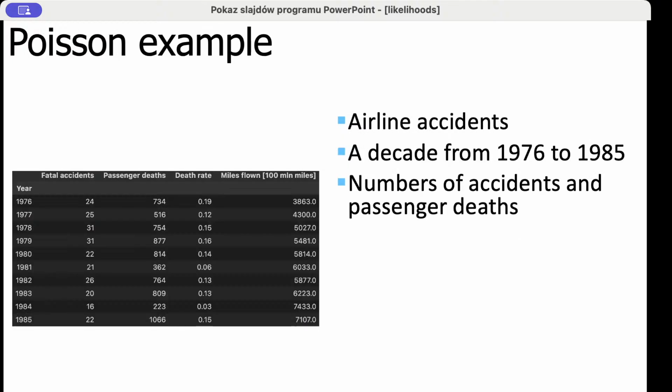Let's take an example of Poisson distribution, which is the number of airline accidents in a decade from 1976 to 1985. Later, the number of flights was so voluminous that those data would be harder to analyze, and this dataset is clearly available.